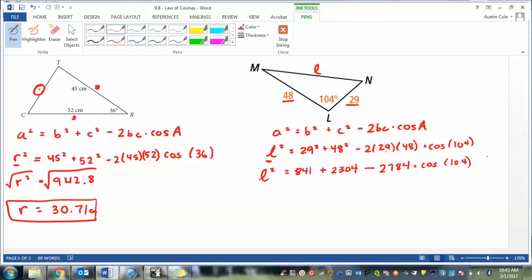So now if I take negative 2,784 times cosine of 104, 673, so that's a positive number. So I'm going to have 841 plus 2,304 plus 673. And now I've got addition and subtraction, actually just addition all the way across, don't I? So now I can go ahead and just add all those together.